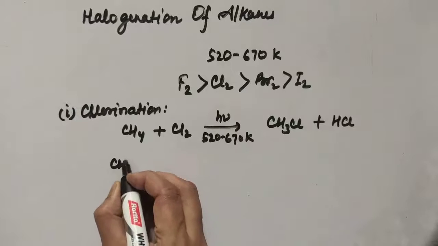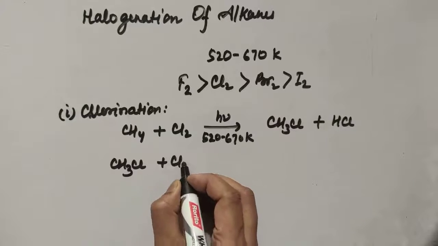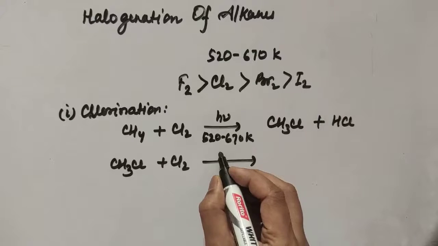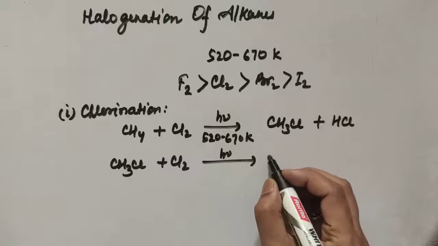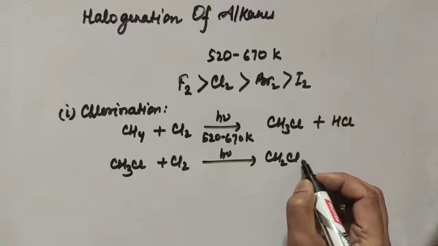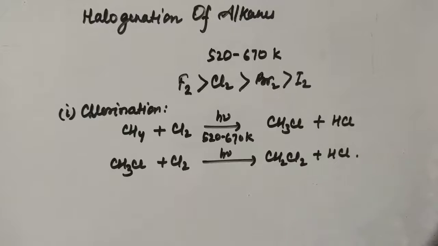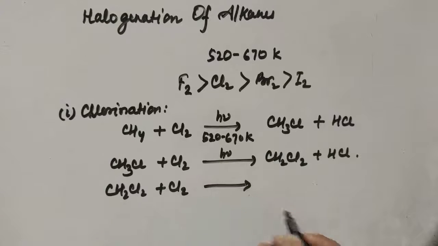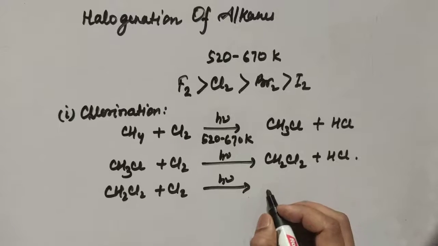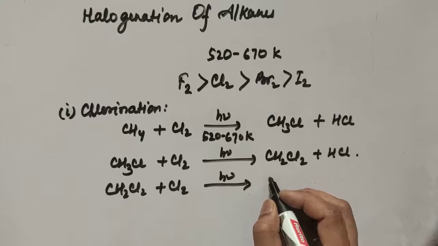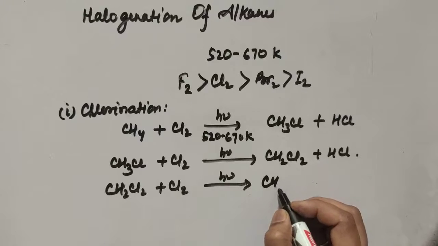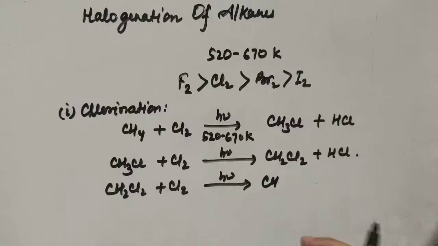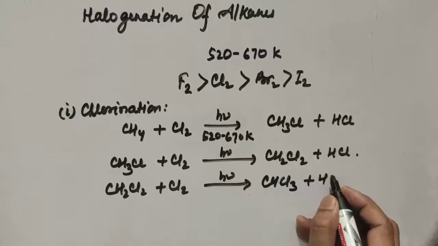This methyl chloride again reacts with chlorine molecule. Reaction condition same, and the product is CH2Cl2 plus HCl. This is dichloromethane. Okay, this dichloromethane again reacts with chlorine molecule in the same conditions, and this time one more hydrogen will get substituted by a chlorine atom, and the product is CHCl3 plus HCl.